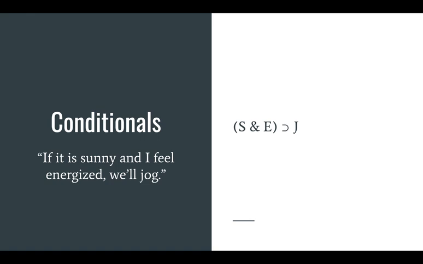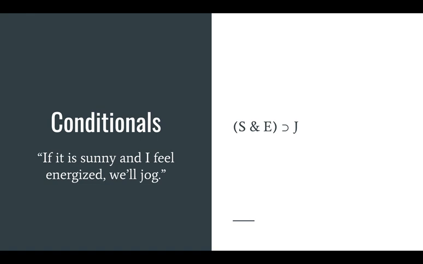So in this case, to the left of the horseshoe, the antecedent, we have S and E standing for it being sunny and you feeling energized. And those are in parentheses because those are the conditions that must be met if you are going to do the thing to the right of the horseshoe, which is go jogging. So this is the correct way to translate this into TL.